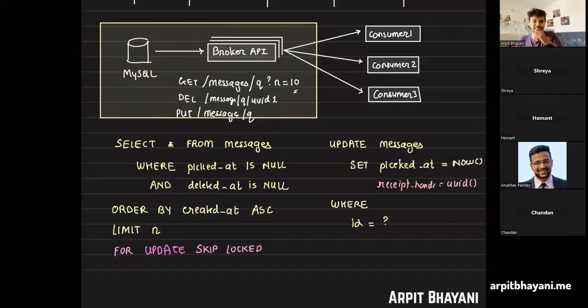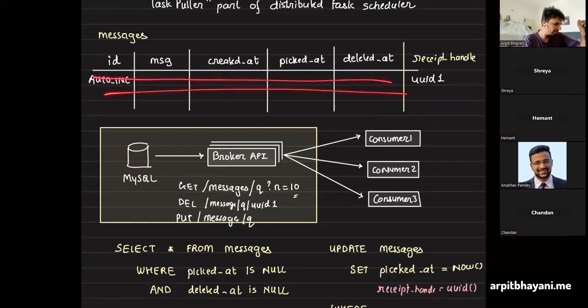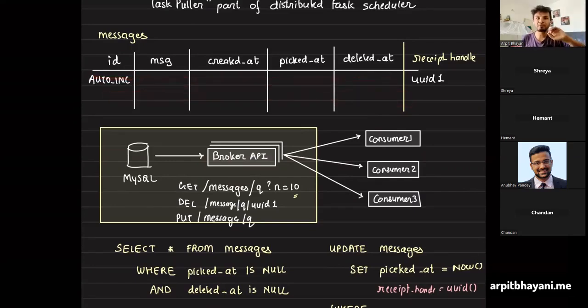Now, if you look carefully, this is very similar to the distributed task scheduler's first half, where whenever someone puts a message in my broker, we would create just one entry in this table. Now, we would definitely have multiple consumers reading in parallel, which means when one consumer reads a message, I want to make it unavailable for other consumers, using select for update.